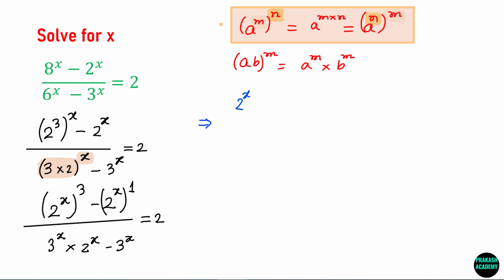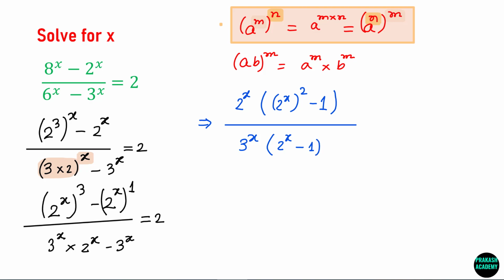So this will become 2^x times ((2^x)^2 minus 1). So I hope this is clear to you. And here I can take 3 raised to the power x common. So this will be (2^x minus 1), and this is equals to 2.